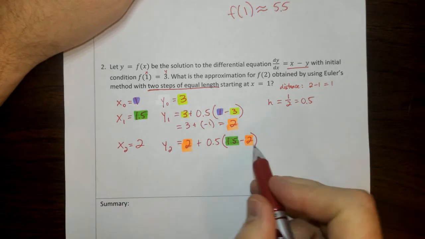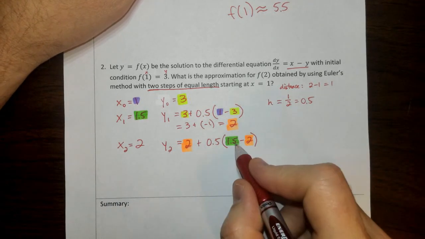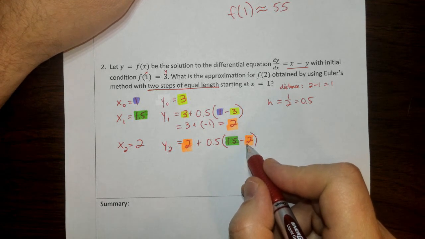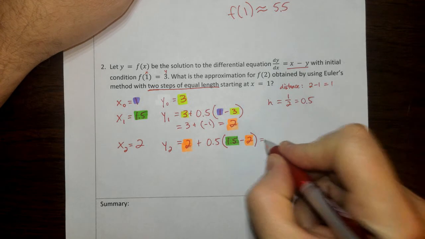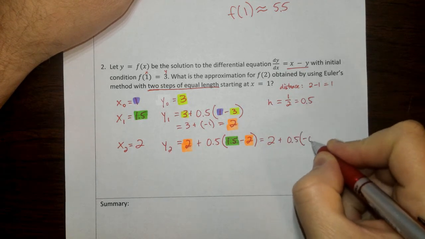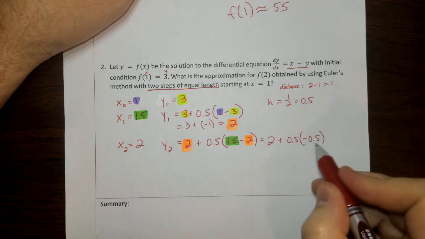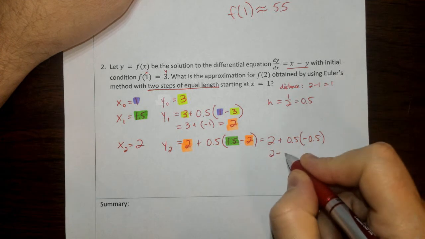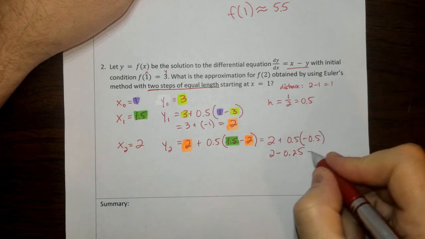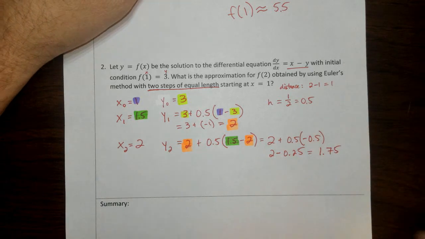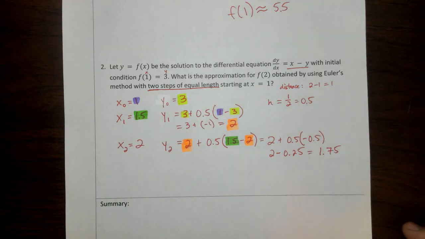So if we calculate out what we have here, this is 1.5 minus 2. That's negative 0.5, and then times another 0.5. So this is 2 plus 0.5 times negative 0.5. This is 0.25, so 2 minus 0.25, and that's going to lead us to a value of 1.75. 1 and 75 hundredths is what we would get here for our final approximation with Euler's method.